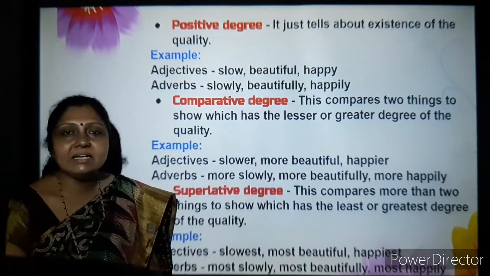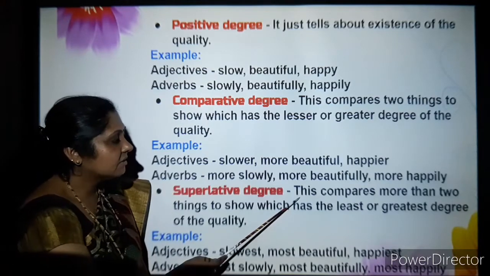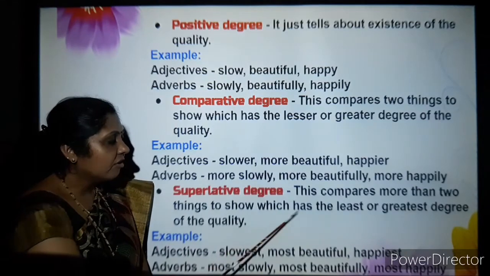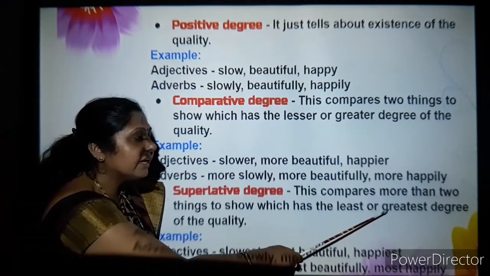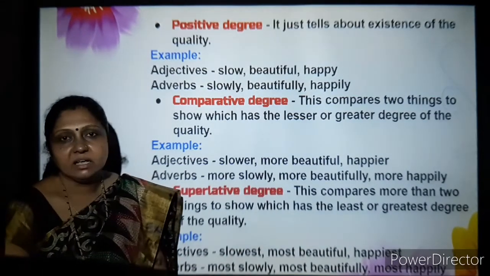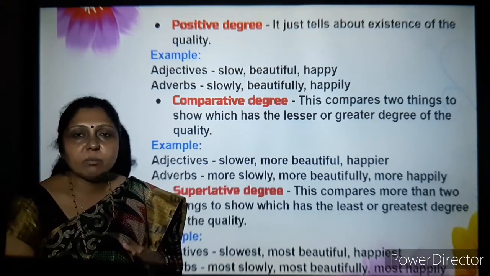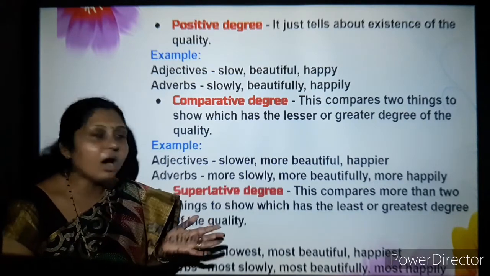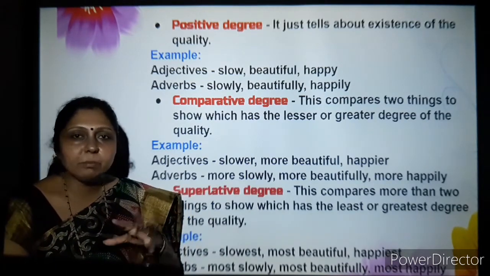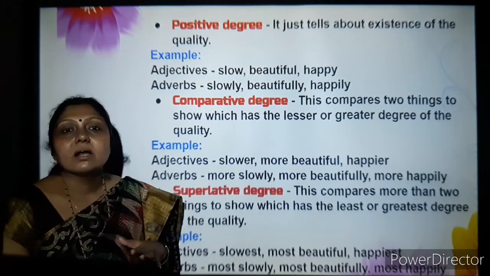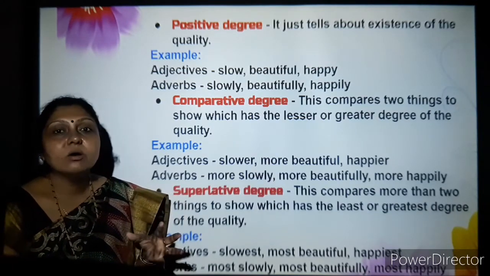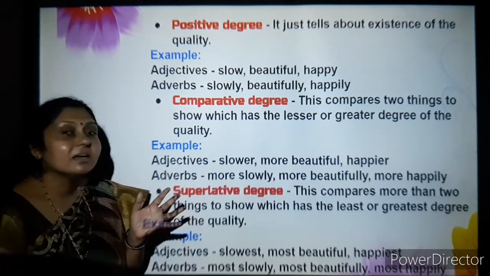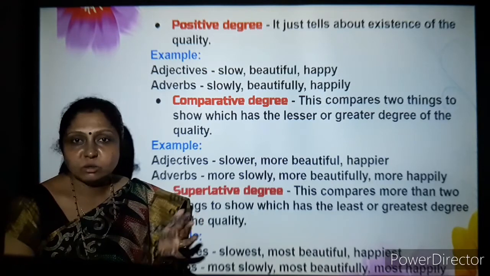Superlative degree, the ultimate. This compares more than two things to show which has the least or greatest degree of the quality. So here you tell about the quality which is the greatest or the least, among different things, or you can also say, more than two things.